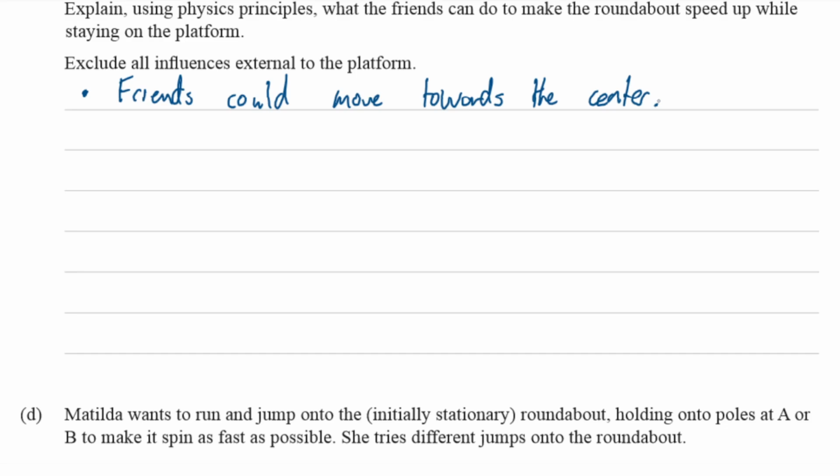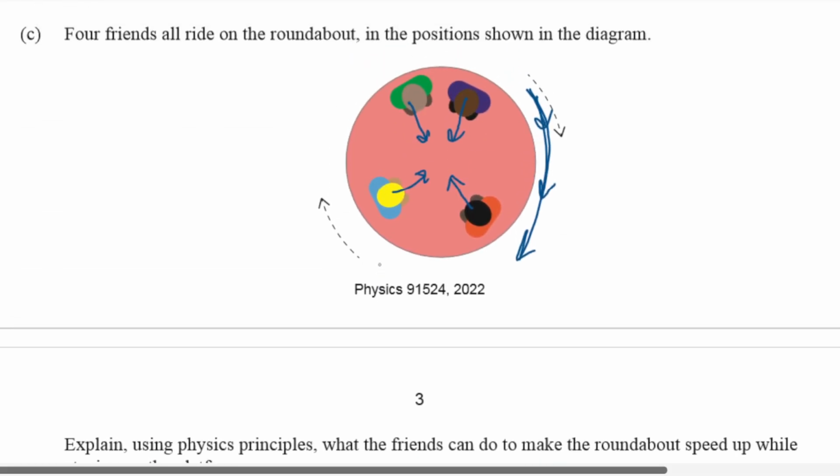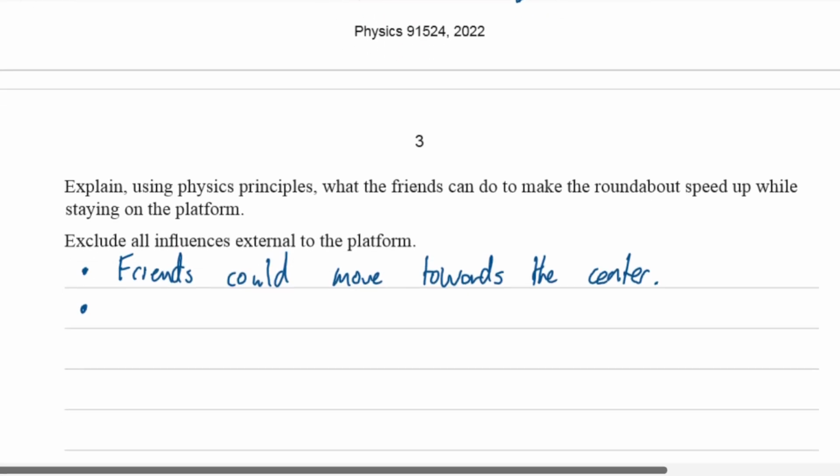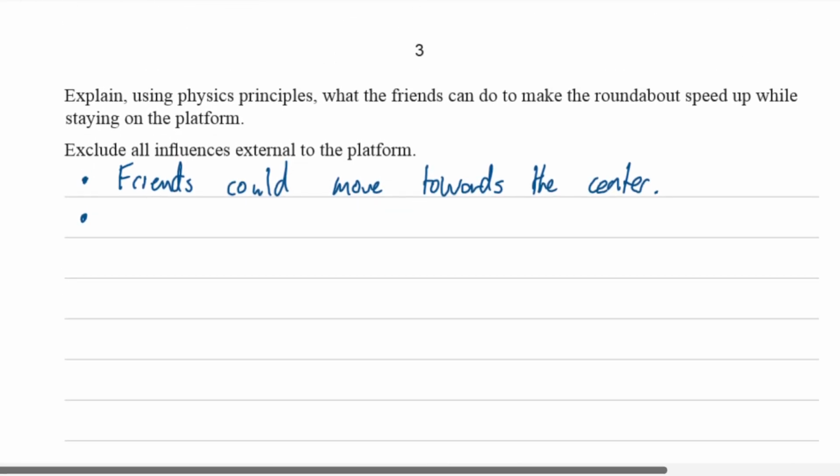So that's what they could do. Now let's try to explain that. So what happens when they move towards the center? Are they changing the mass? Not quite, but they all do have mass. And so what they're changing is their distance from the axis of rotation.